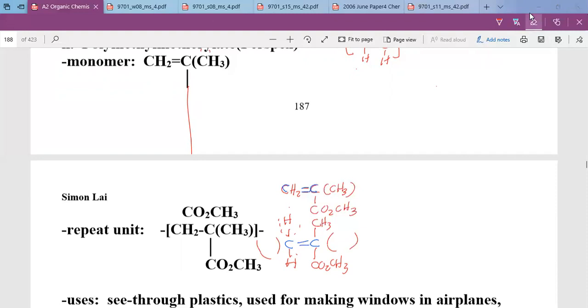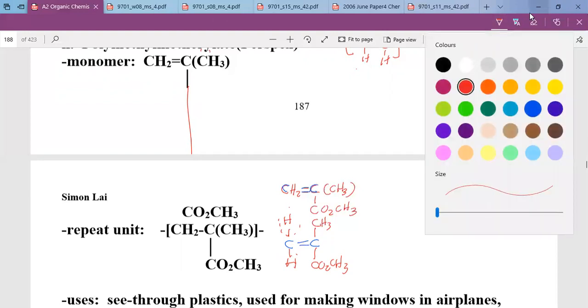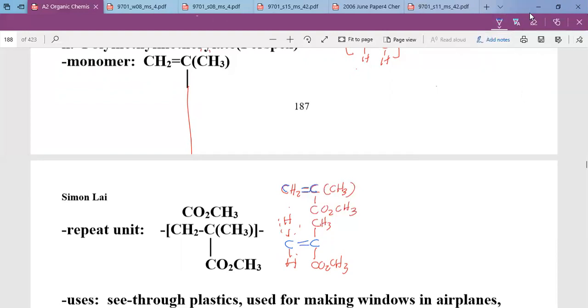I don't know why it didn't come up. All right, now I draw the other monomer. I focus on the main thing. The main thing is to keep the main thing the main thing.